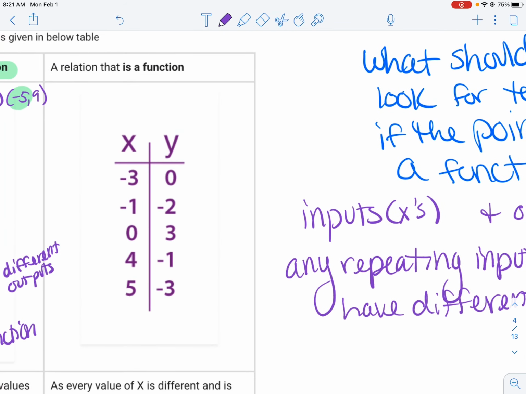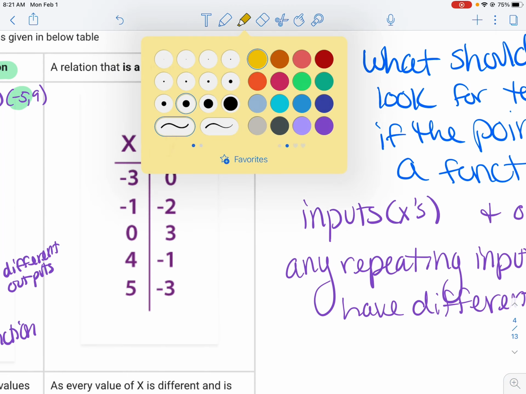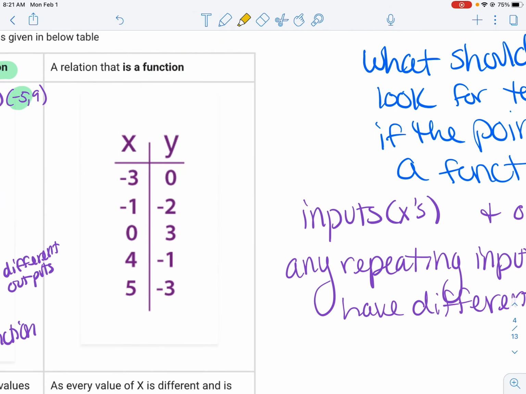So let's check this second one here. They're telling us it's going to be a function, but let's check why. -3 is my input, 0 is my output. I see no other -3s in the x column, so this input is only going with one output. -1 is its own input, and it gives me -2.